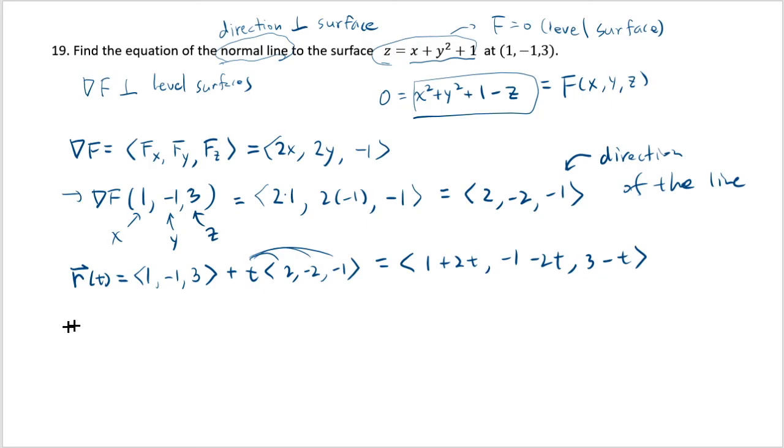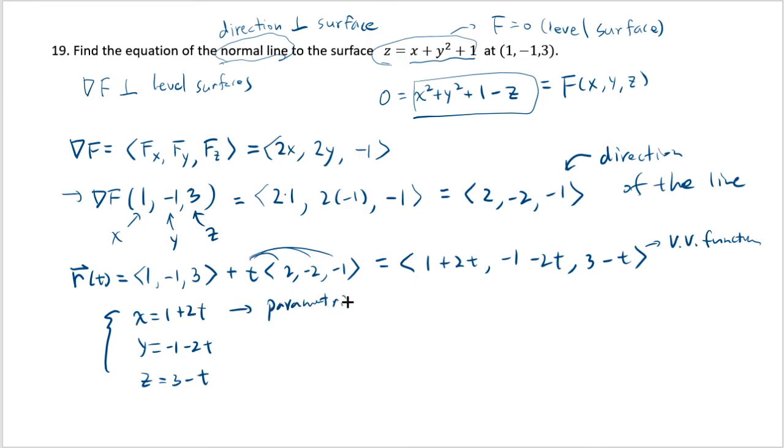Or you can write this in parametric form as x equals 1 + 2t, y equals -1 - 2t, and z equals 3 - t, which is called parametric form. So this is called vector valued function form. And this one is called parametric form.